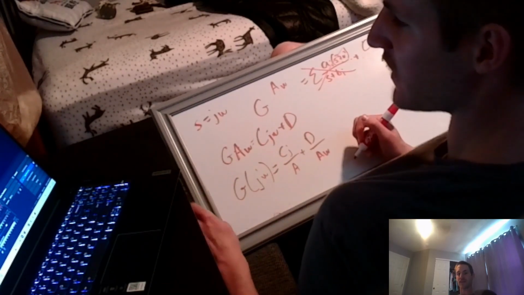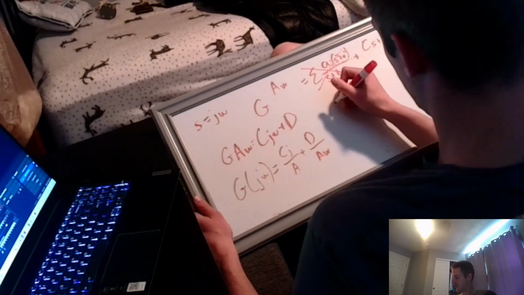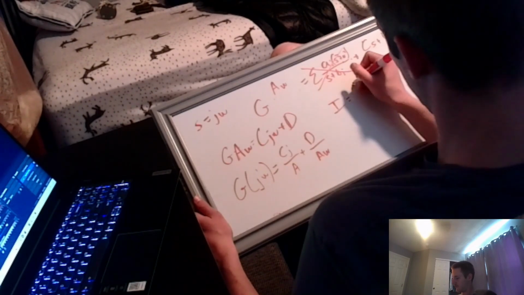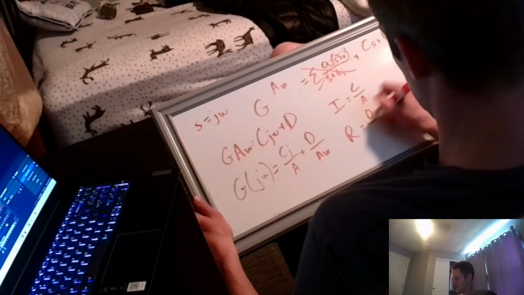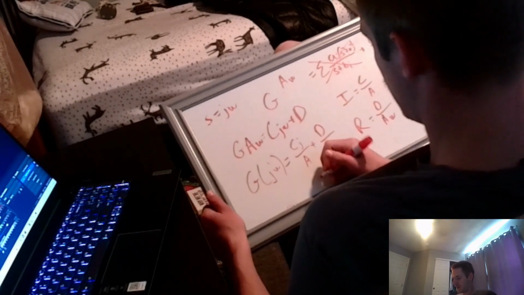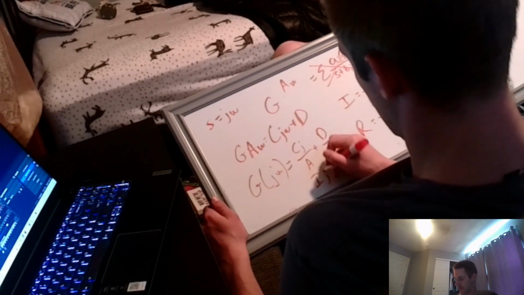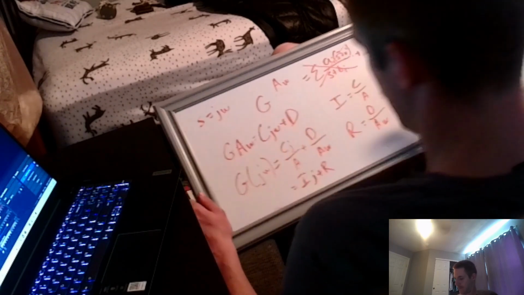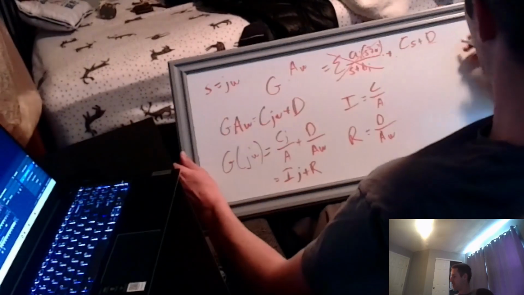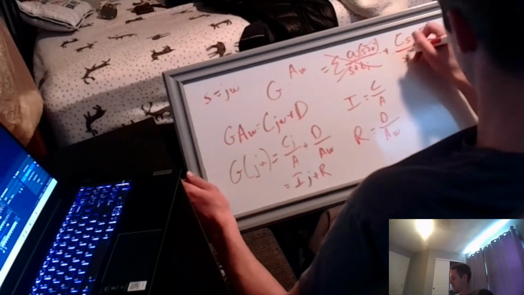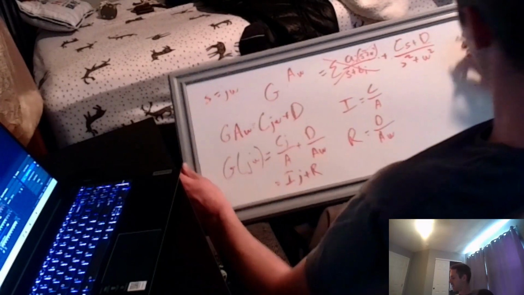So now we can break this up into an imaginary and a real part. So I equals C over A, and R equals D over A omega. So this is just IJ plus R. Now I want to go back to this CS plus D over S squared plus omega squared.